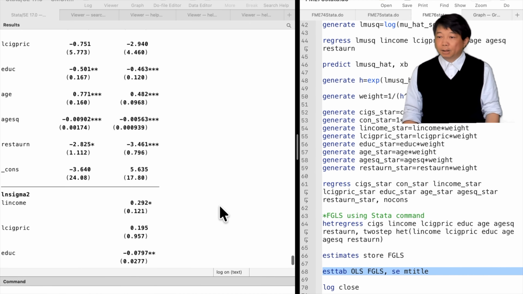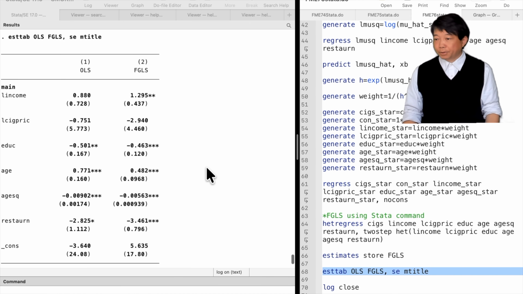I compare the feasible GLS estimates with the OLS estimates. The income effect on the demand for cigarettes becomes larger and statistically significant at the 1% level.